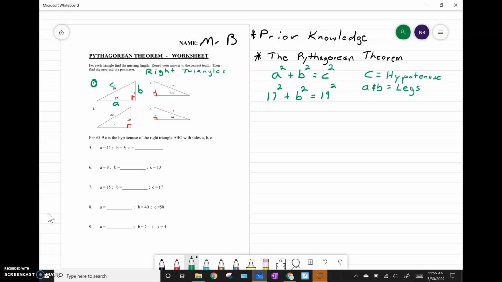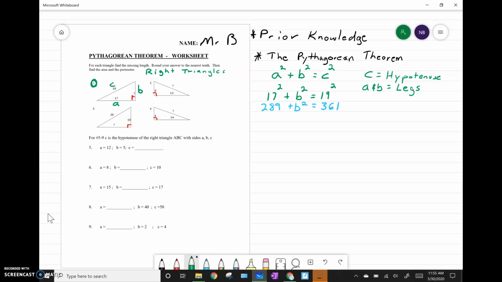First, I'm going into my calculator. 17 squared is 289. We don't know what B is yet, so we leave that as B squared. And 19 squared is 361. Now we do a little problem solving, which back from Algebra 1 has us get the variable on one side and our numbers on the other.